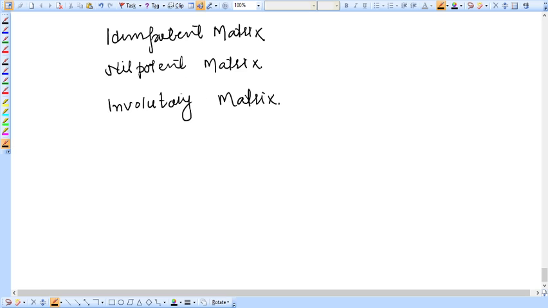So idempotent means idem, one way you can say same, identity. An idempotent matrix: A is called an idempotent matrix if A square is equal to A again. Okay, got it?